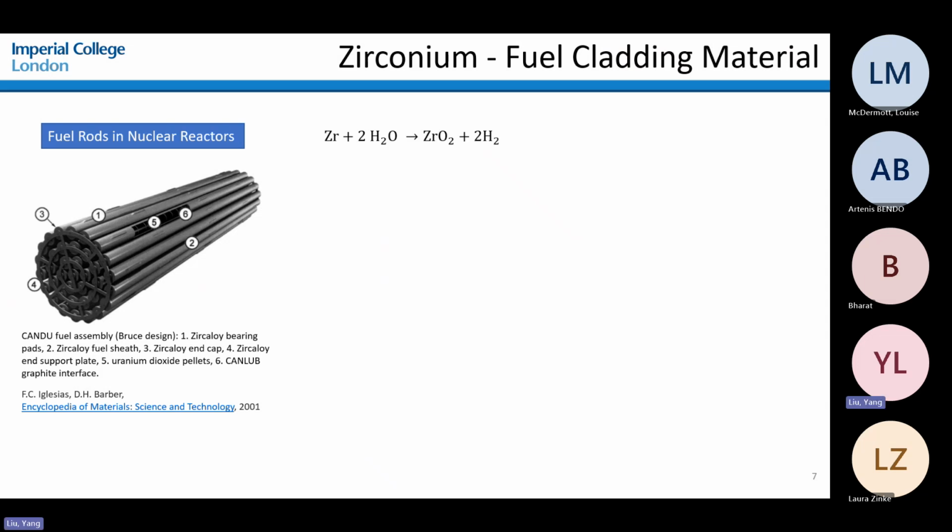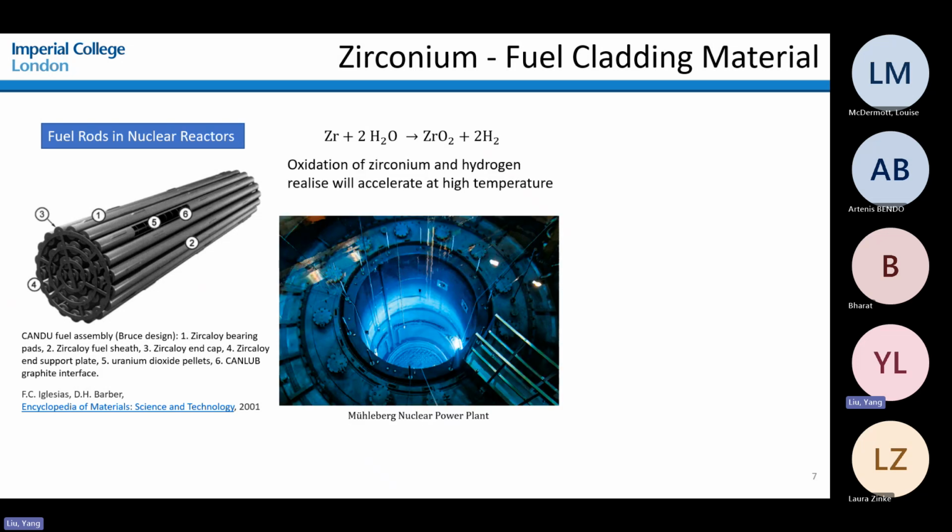In the reactor conditions, zirconium would react with water to be oxidized and then release hydrogen. This process is accelerated at higher temperatures. This is basically what happened in Fukushima, where the coolant water could not flow at that moment.